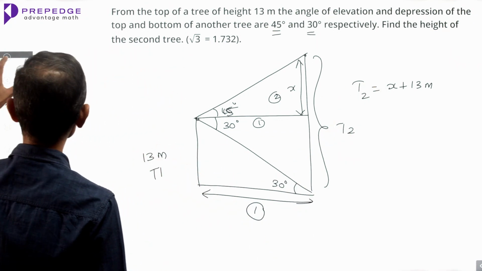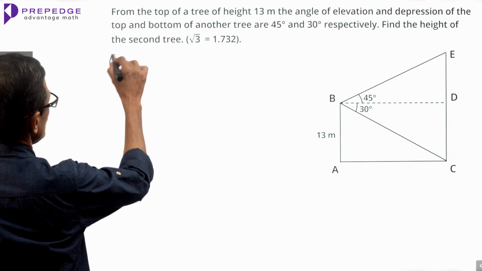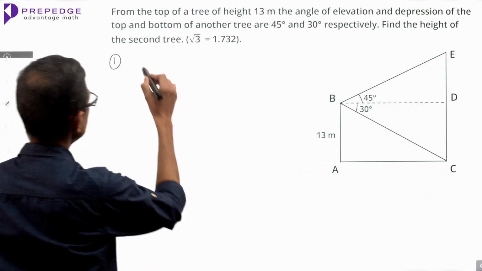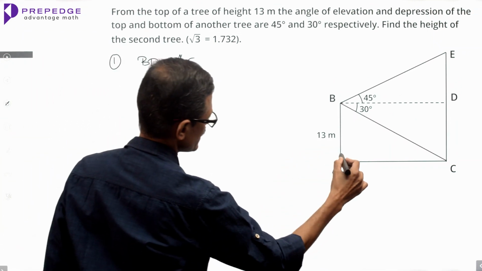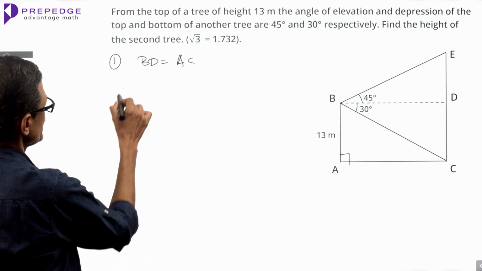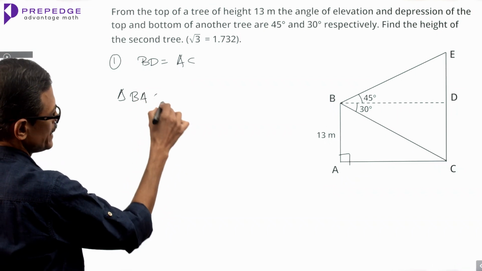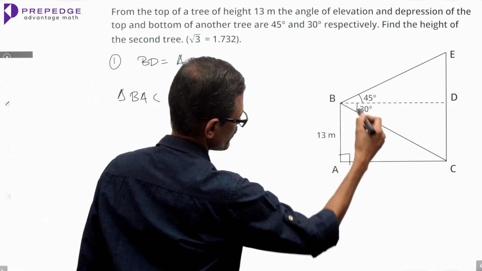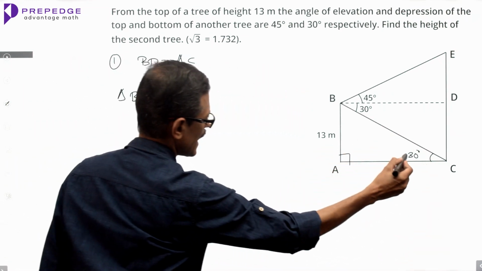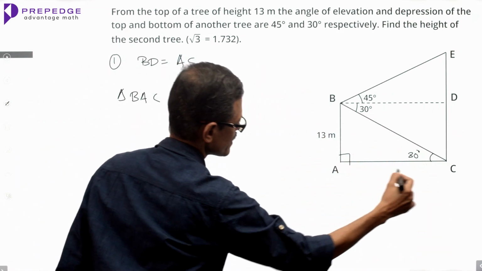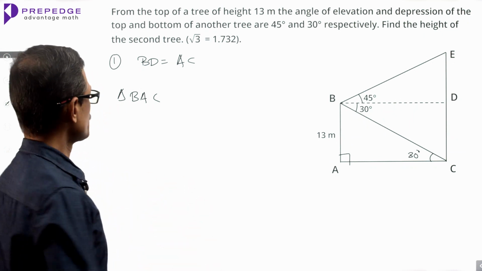So let's do step 1. We are going to find BD, which is equal to AC. Which right triangle are we going to take? Right triangle BAC. In right triangle BAC, angle of depression is 30, so angle of elevation is also equal to 30. For this angle, the opposite side is BA, the adjacent side is AC. So we take tan.